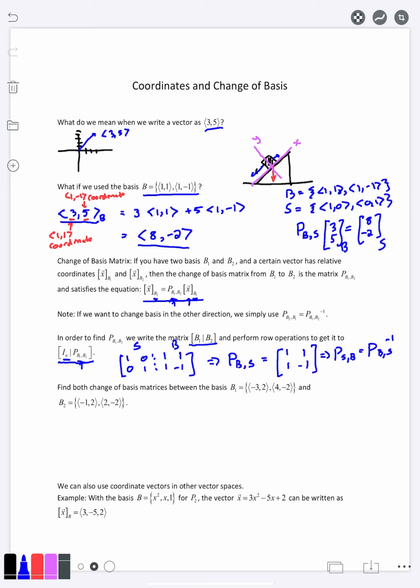So for example here, I want to find the change of basis matrices between these two here. So let's go ahead and put the first basis and then the second basis, and we do a bunch of row operations here. Again, I will just let my calculator do the work for me. So I'll put in all these numbers there.